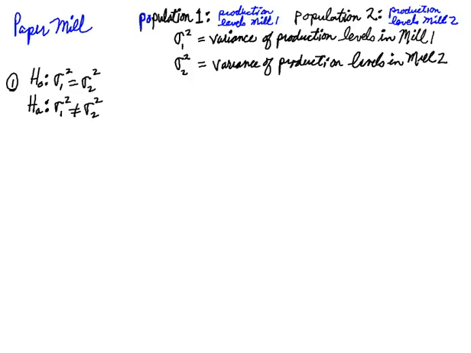The next step in a hypothesis test is to look at the sampling distribution. And the sampling distribution for testing of variances, we are not going to use the normal or the t-distribution. It's actually what's called an f-distribution.